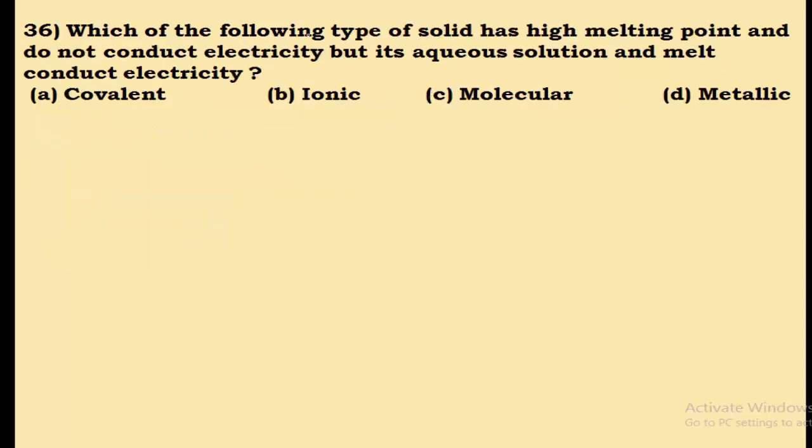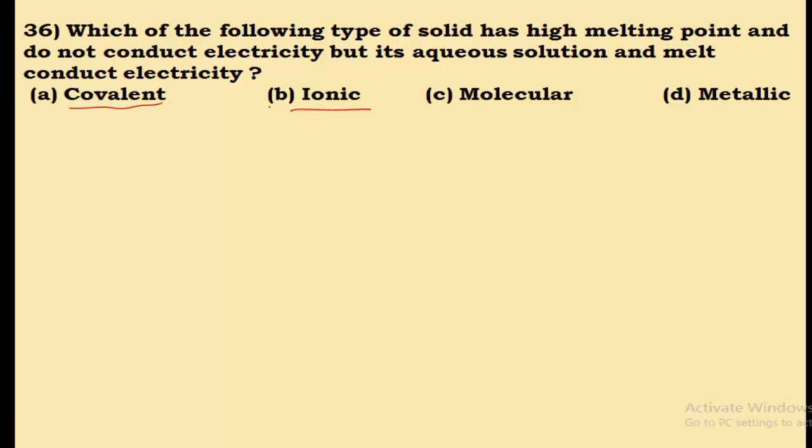36th. Which of the following type of solid has high melting point and does not conduct electricity, but its aqueous solution and melt conduct electricity? Covalent solids have extremely high melting point and boiling point, and they do not conduct electricity.